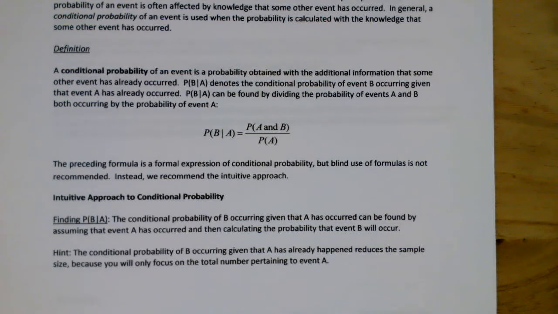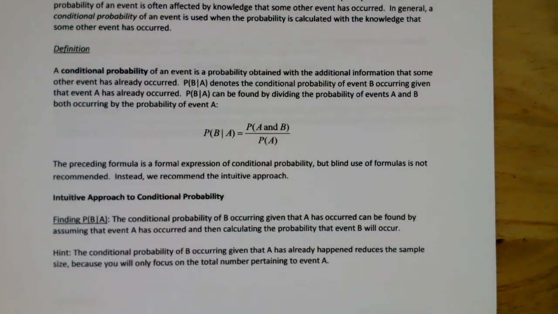The hint there is that this reduces the sample size, because you will only focus on the total number pertaining to event A.